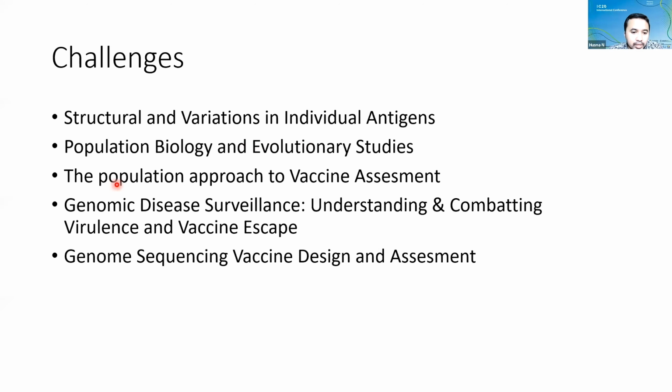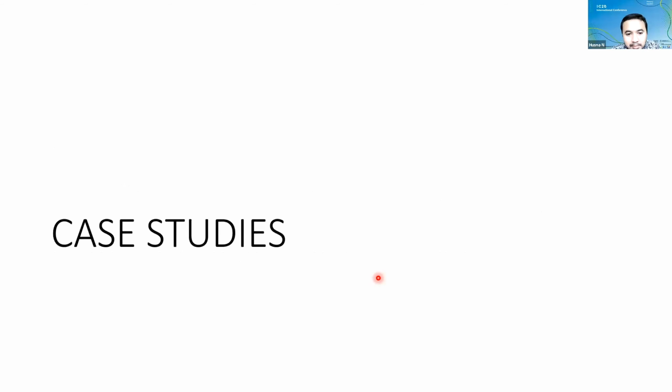We also need a population approach to vaccine assessment, and genomic disease surveillance. Here we need to understand and combat virulence and vaccine escape, through genome sequencing, vaccine design, and assessment.